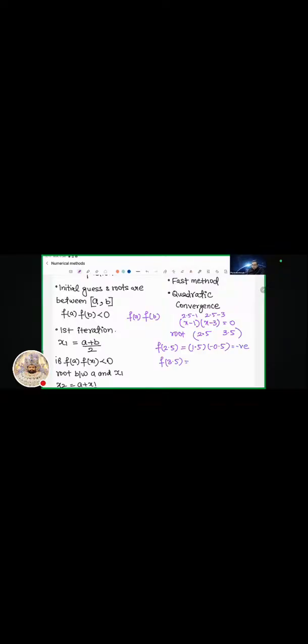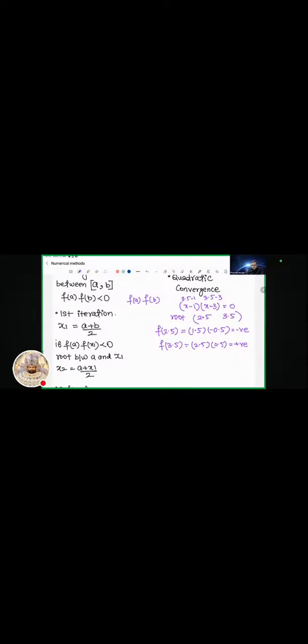If I put 3.5 here, I will get 3.5 minus 1 and 3.5 minus 3. So this will be 2.5 and 0.5. This will be a positive number. So what I observe is that the function value at 2.5 multiplied by the function value at 3.5 is giving me a negative result. So if I multiply this number with this number, my answer will be negative.